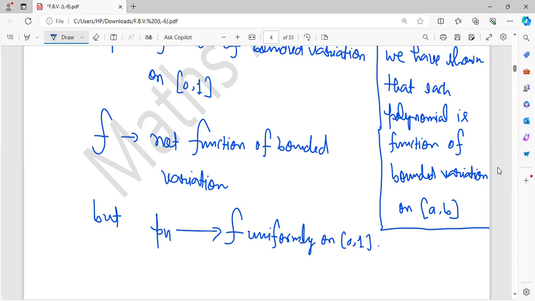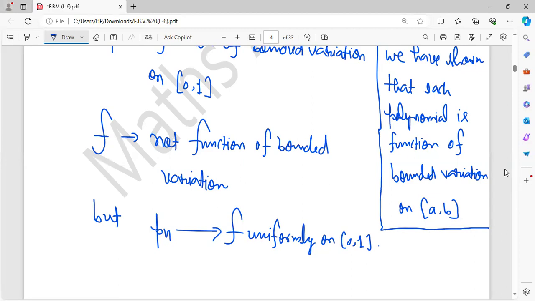In this lecture, what we have learned? We have given an example of a function which is continuous on a closed interval 0, 1, but is not a function of bounded variation. We also discussed the question: if a sequence of functions of bounded variation converges uniformly to F on closed interval AB, is it necessary that F is a function of bounded variation?